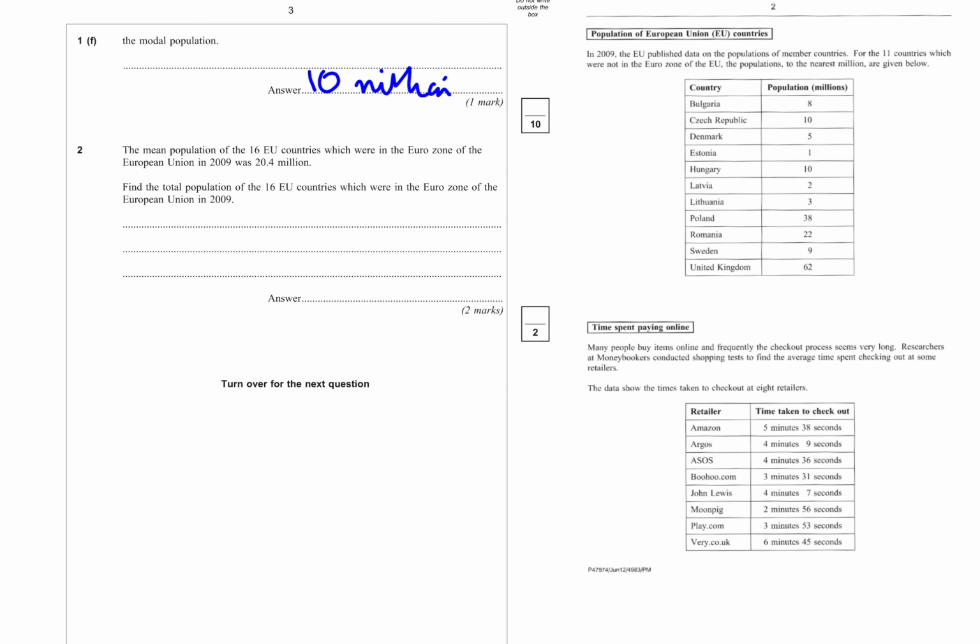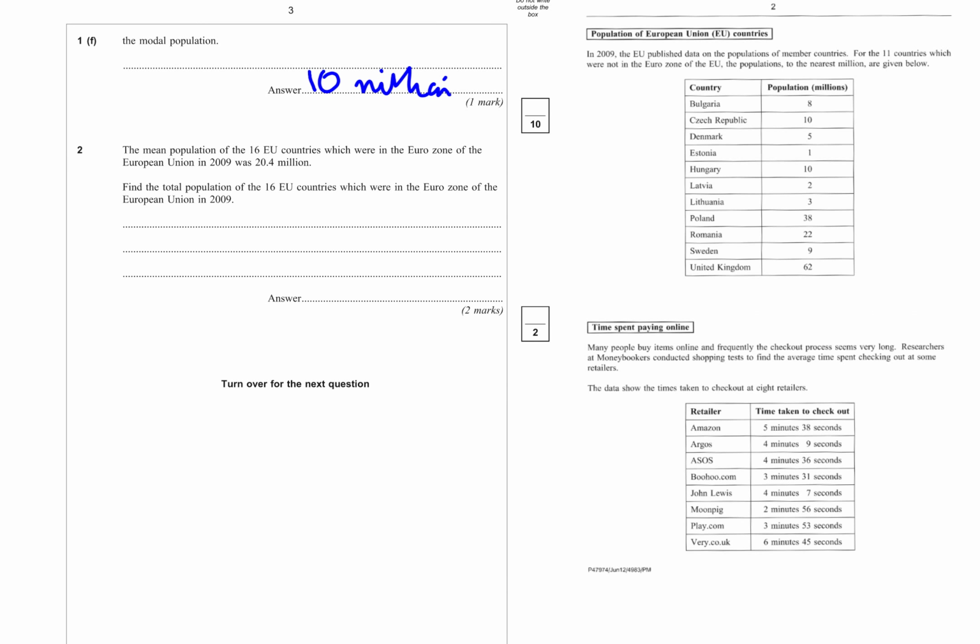The next question says the mean population of the 16 EU countries which were in the Eurozone of the European Union in 2009 was 24.4 million. Now it says find the total population of the 16 countries which were in the Eurozone in 2009.